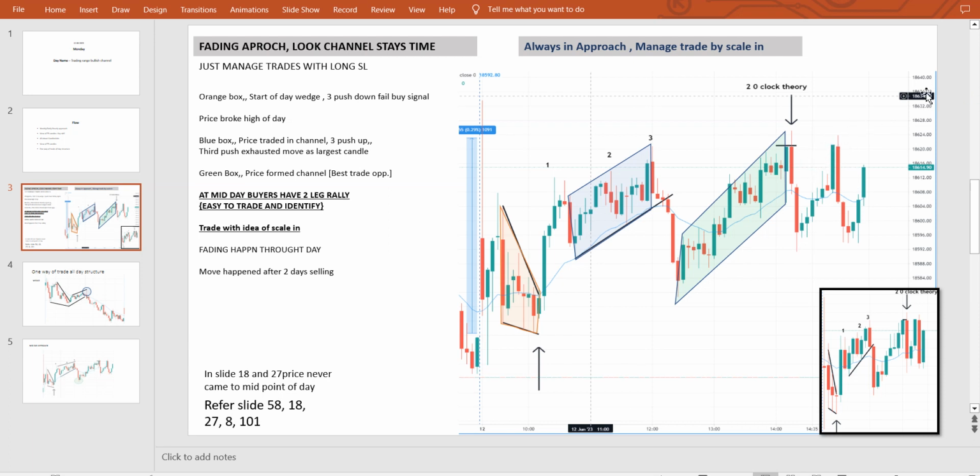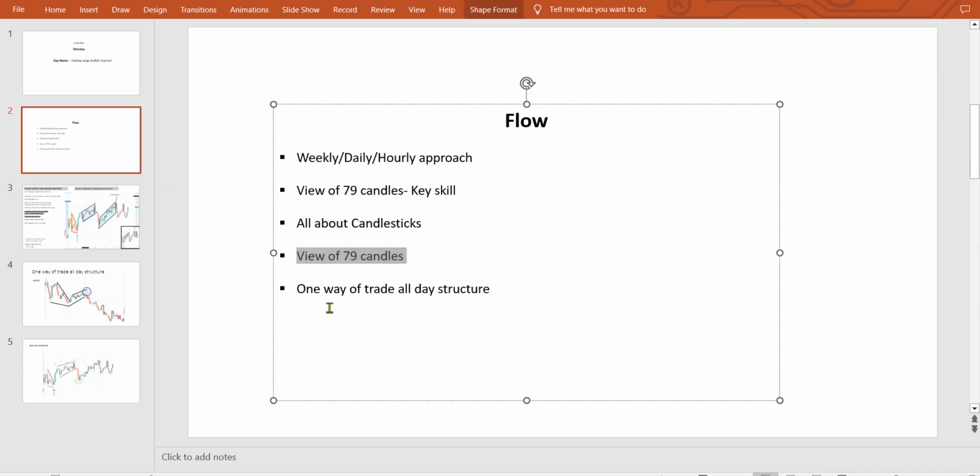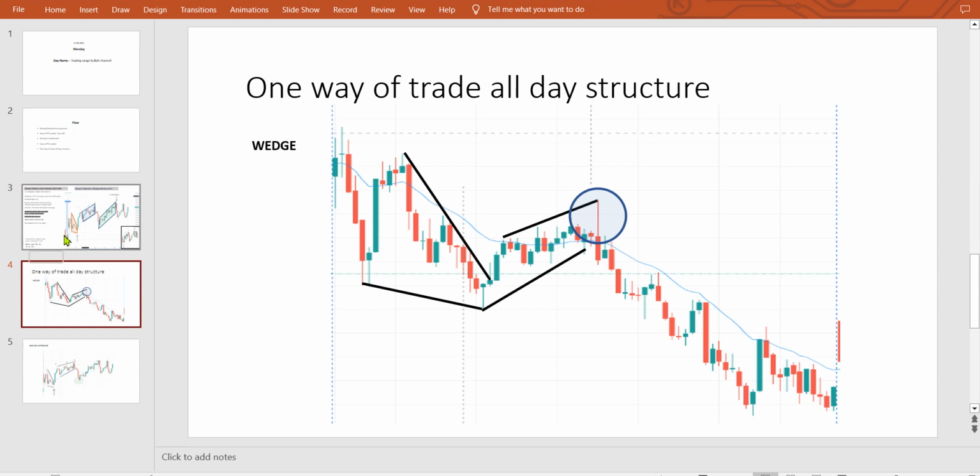So just analyze the day, what will probably happen. So this is the day of that. Okay, one way of trade on structure. Now our idea is, I will consider two ideas. I will find that idea in all type of day.